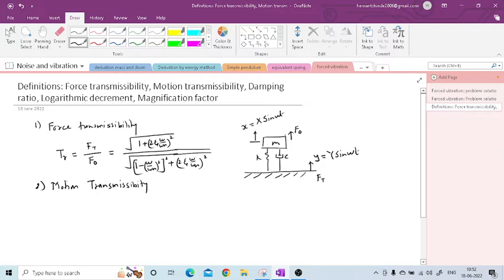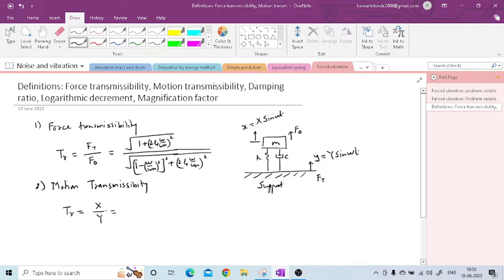Consider the same system. Now instead of force we are going to consider the displacement. See, this system is vibrating with displacement x. Then this displacement x and the vibrations of the system will be transmitted to this support, and this support will vibrate with the amplitude capital Y. So the motion transmissibility is nothing but the ratio of x by y.